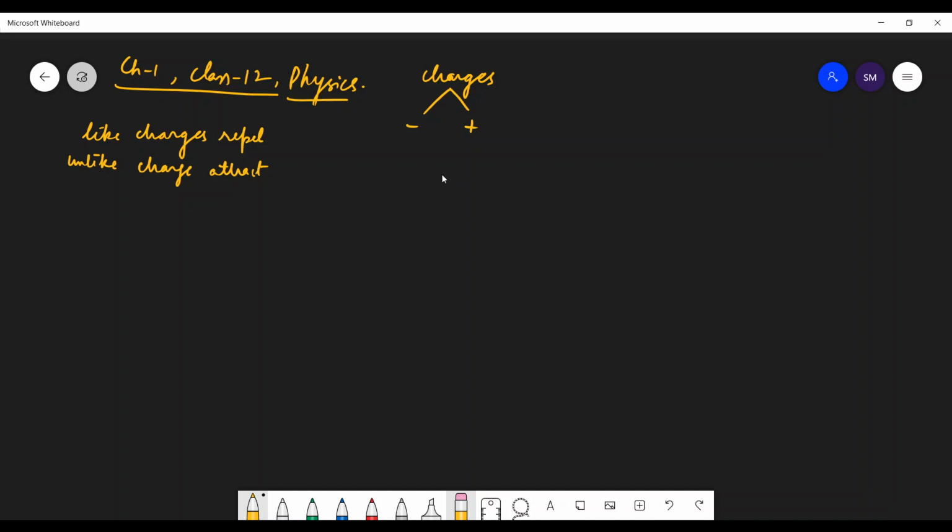We have studied that in the electroscope, which is figure 1.2 in your books, you can see I have this conductor and this is the knob, and then I have kept in the container this gold leaf.